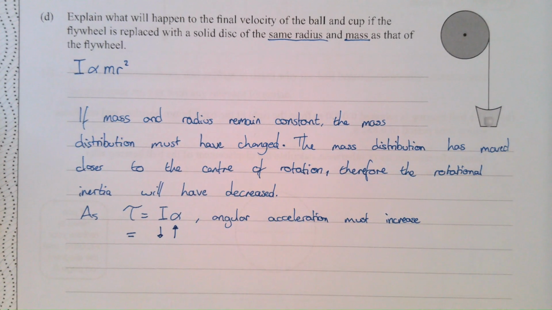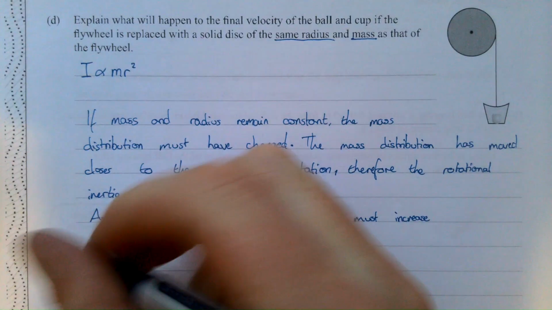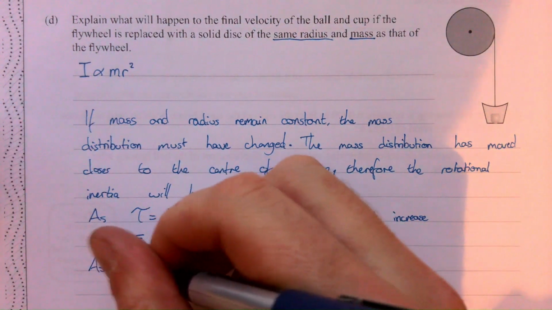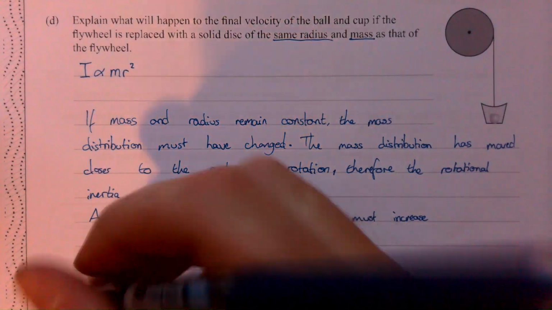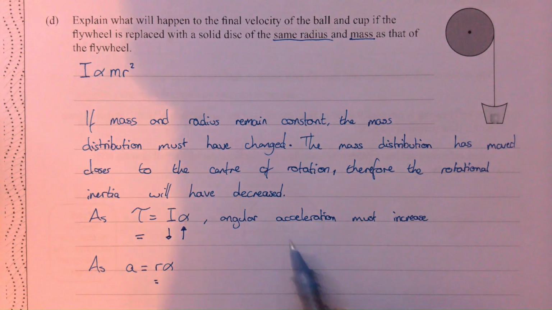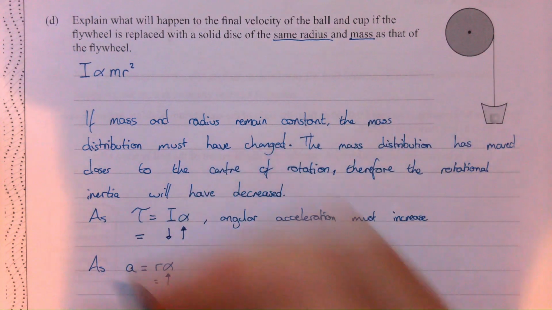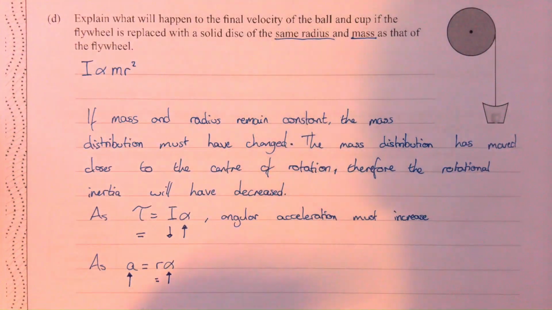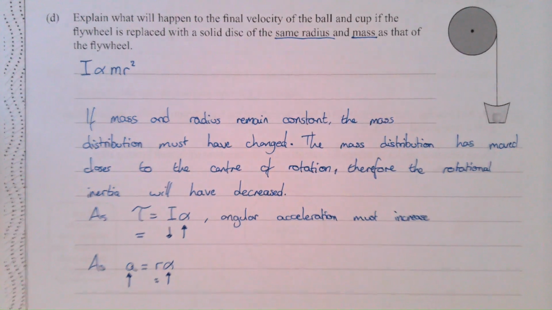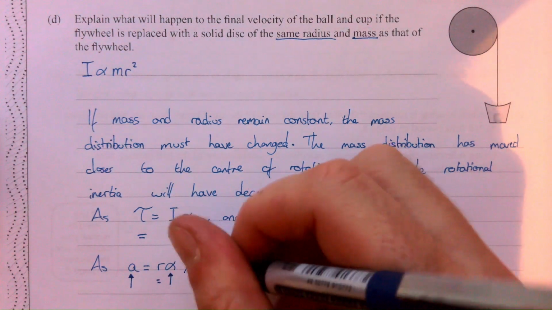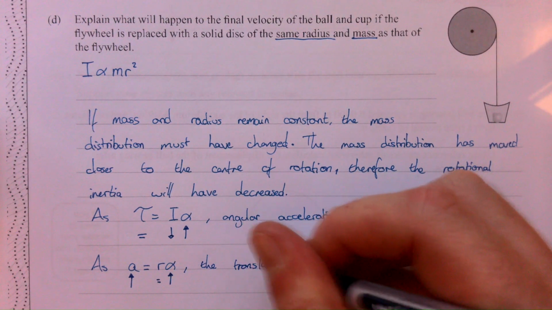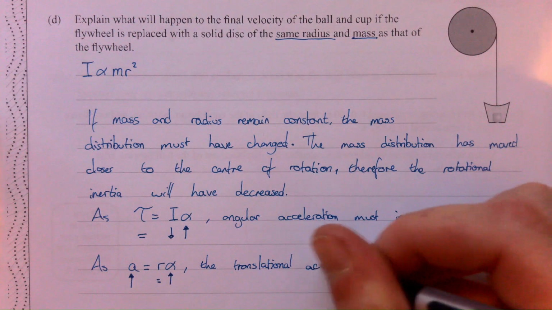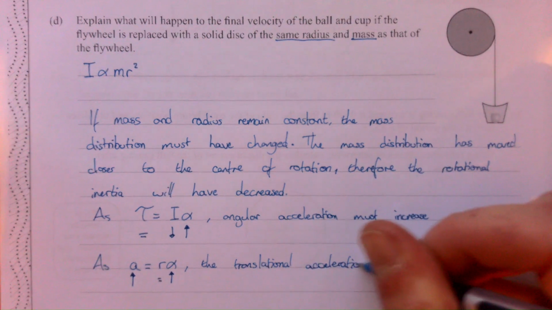If our angular acceleration is increasing, then we can link that to our translational motion with the following equation. Acceleration equals R alpha. Because the radius is staying the same, and our angular acceleration is increasing, it means our translational acceleration must increase. So as a equals r alpha, the translational acceleration will increase.